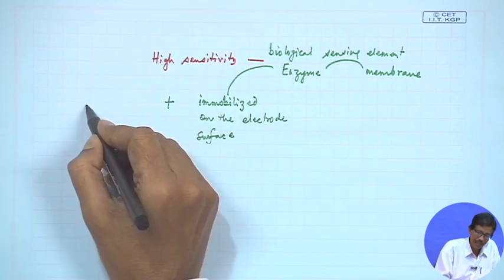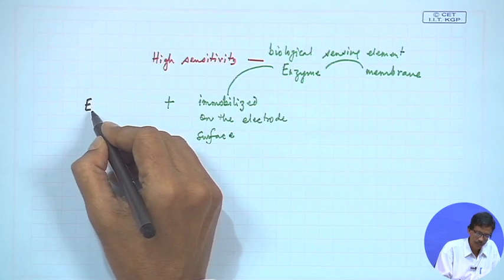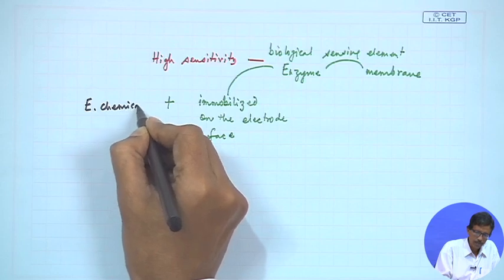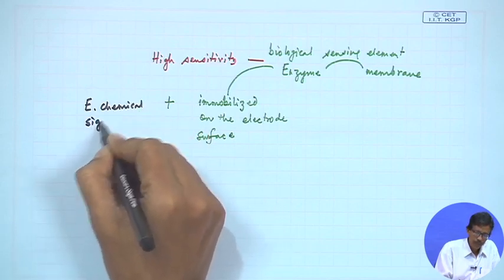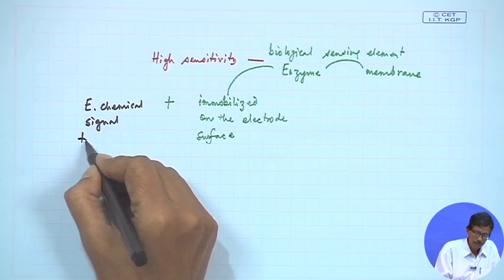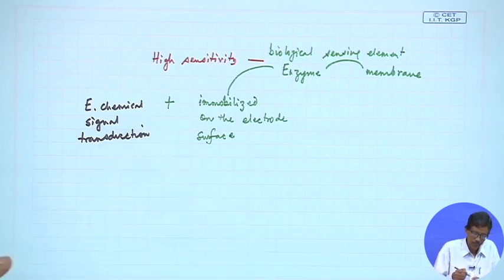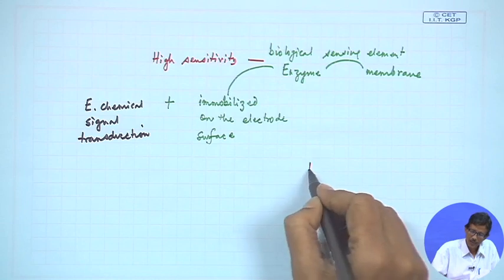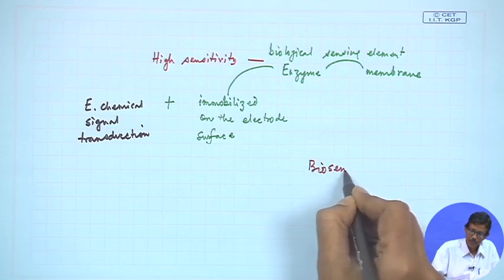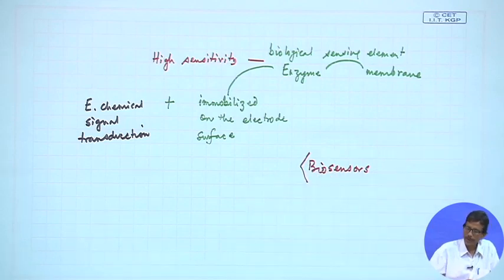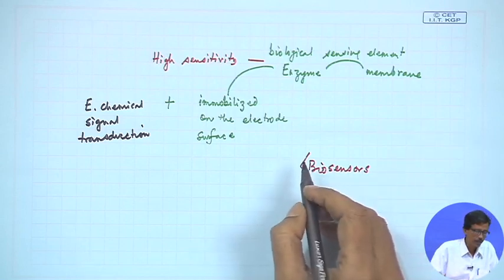So, for the electrochemical signal that we get, we have to monitor either current or the differential current. So, electrochemical signal transduction should be there. Either you record I or delta I, and we can develop the biosensors in that way. So, the electrodes for these sorts of measurements, for handling the biosamples: oxygen can be there in the biological sample, and glucose can be there in the biological sample.